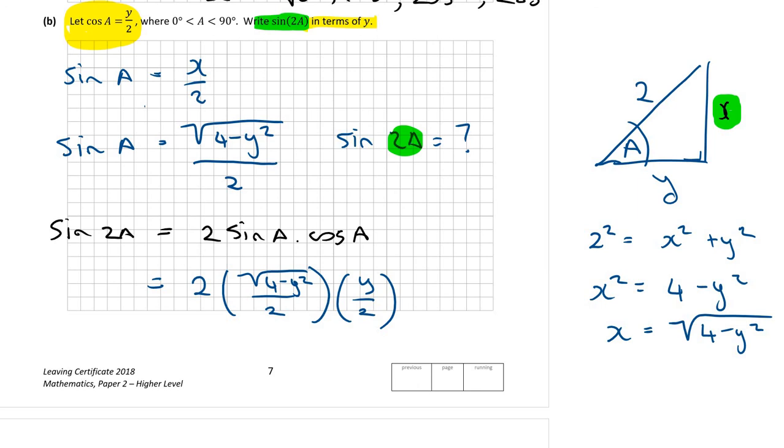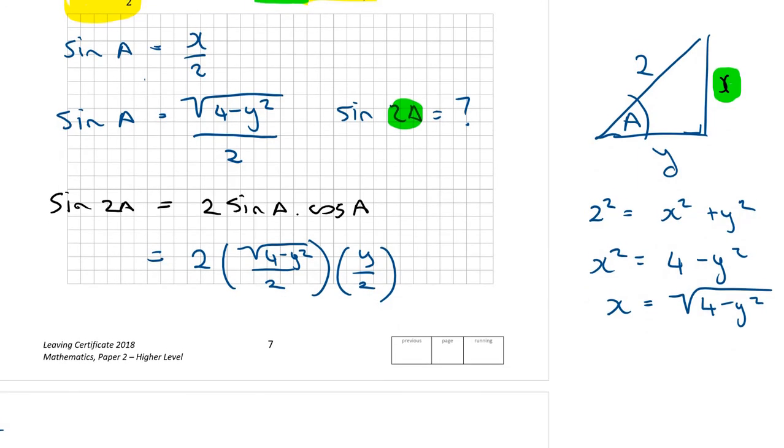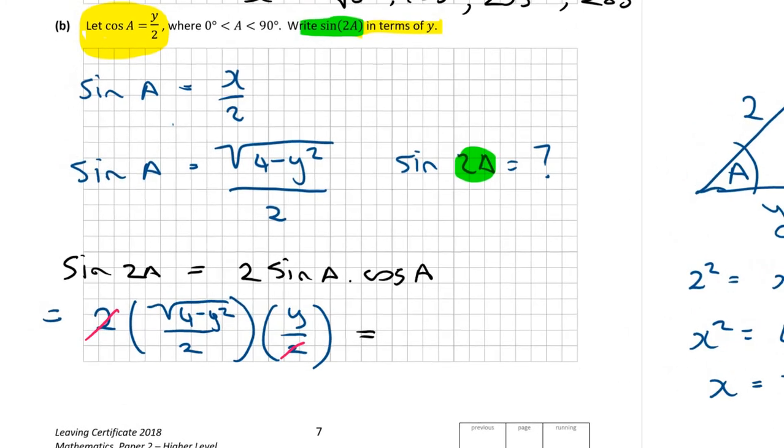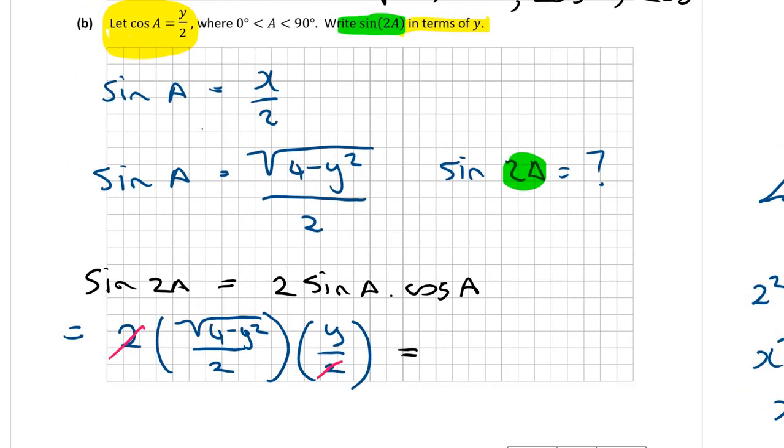So our answer there, if I expand out the brackets here, that 2 will just cancel with that 2. So our answer becomes y times root 4 minus y squared, and I've cancelled my 2's there, all over 2.